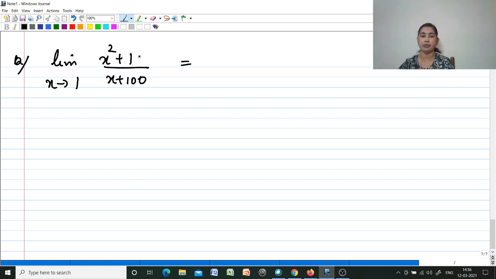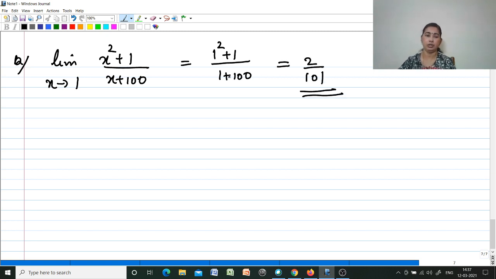We have to find whether we are able to directly do the question or not. Giving x equal to 1, 1 square plus 1 divided by 1 plus 100, and that is equal to 2 by 101. So we can directly apply the limit here. It is not in indeterminate form or 0 by 0 form or infinity by infinity form. So directly we can give the limit and write the answer.